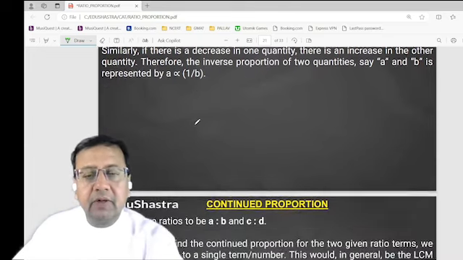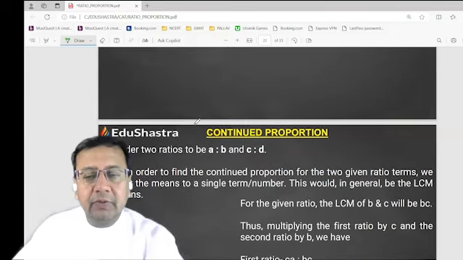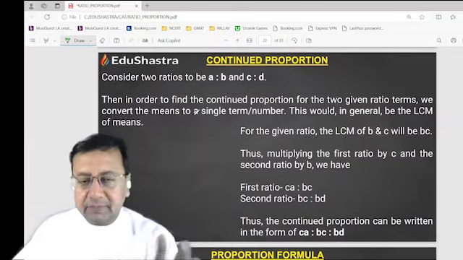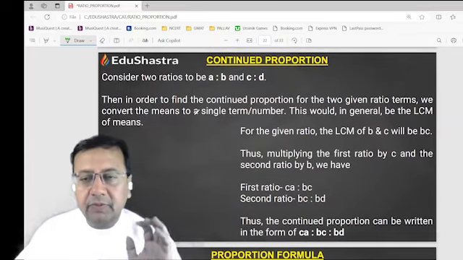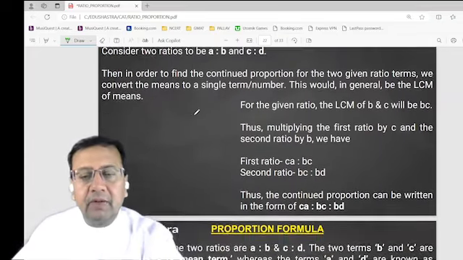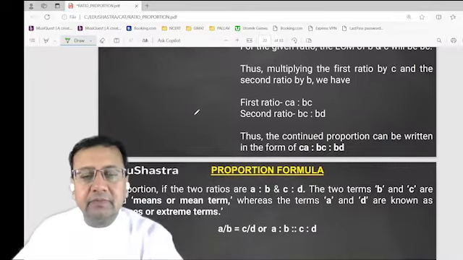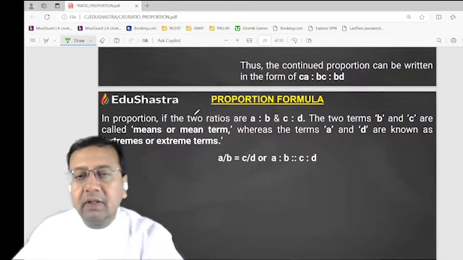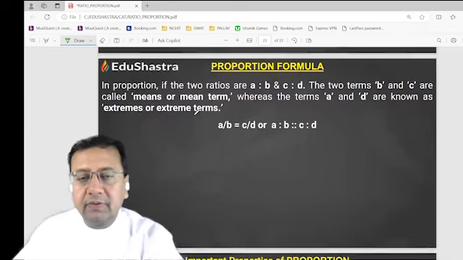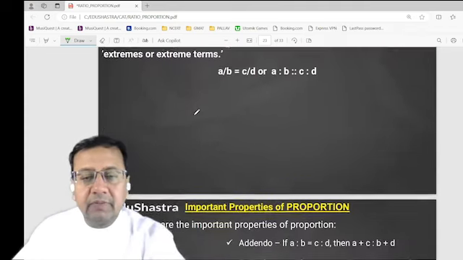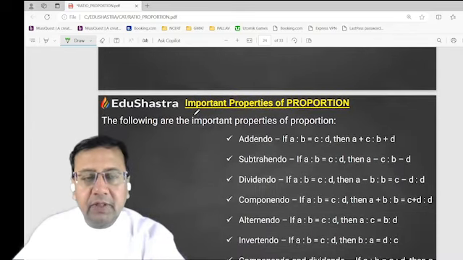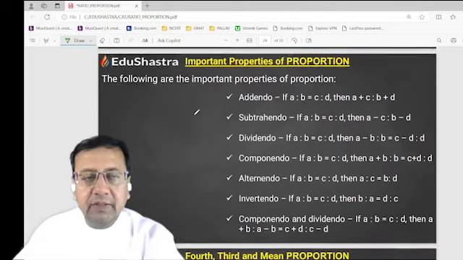Continued proportion, as I told you, is A, B, C, D. Okay, properties. I suppose you can recall these from school days.